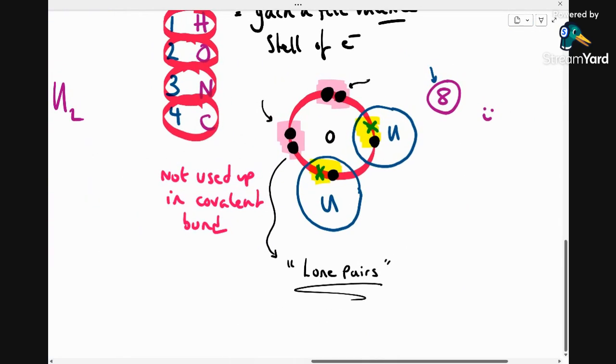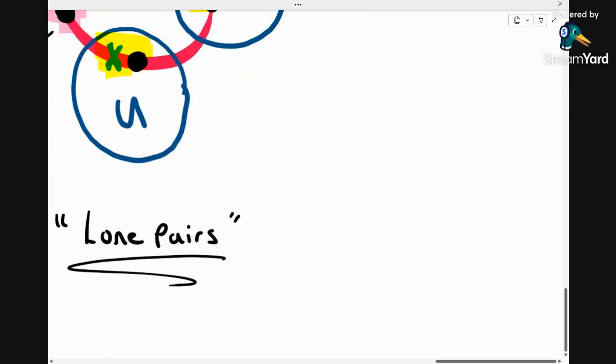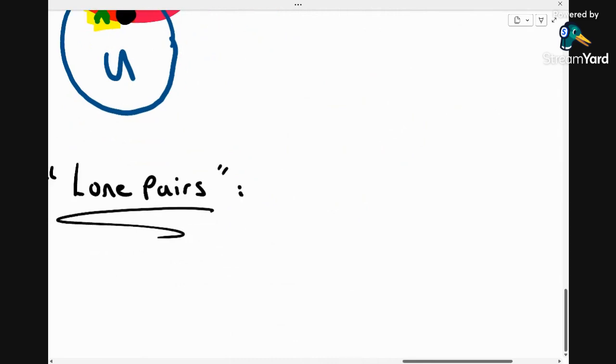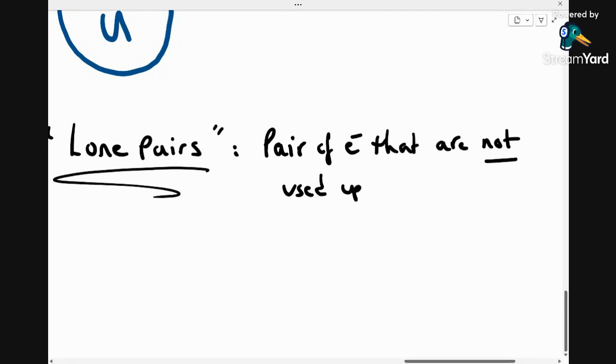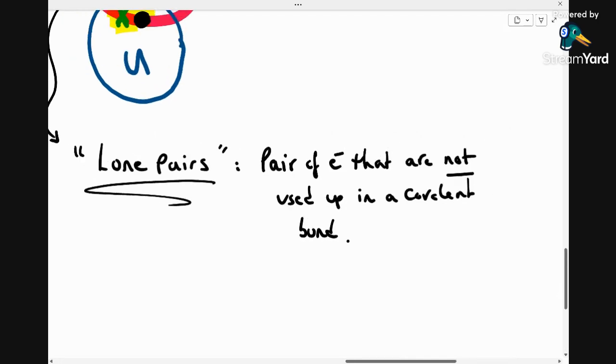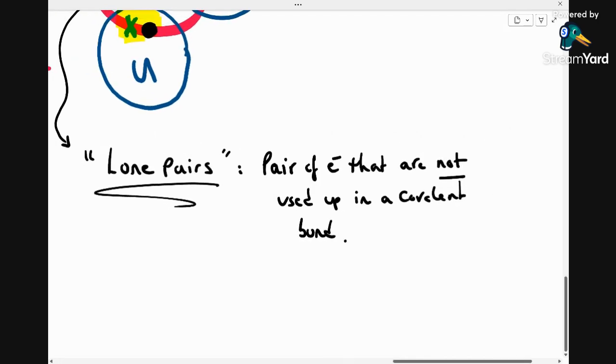The importance of a lone pair we will get to in a minute, but essentially if you wanted the definition, it is a pair of electrons that are not used up in a covalent bond. They're not used for sharing because we don't need to.